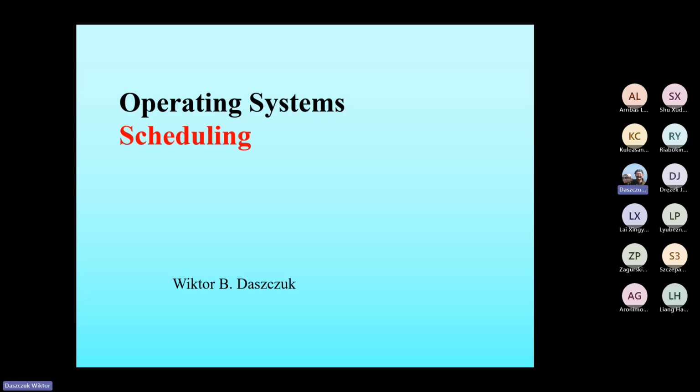So I will try to explain to you which manners of scheduling are responsible for which levels of abstraction in the operating system. It's important, and you cannot find it in the books.